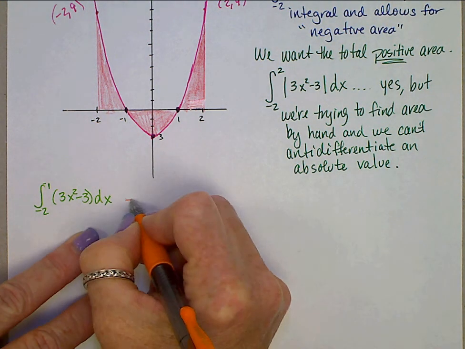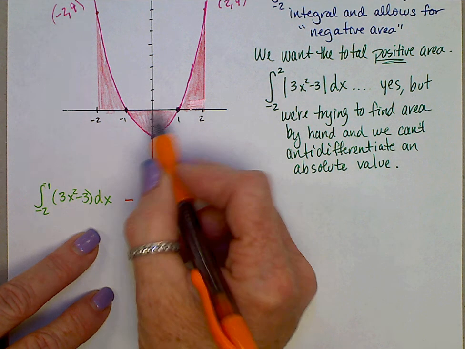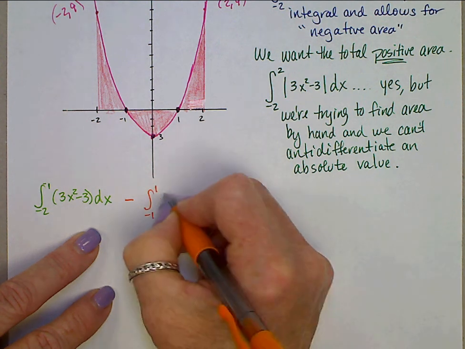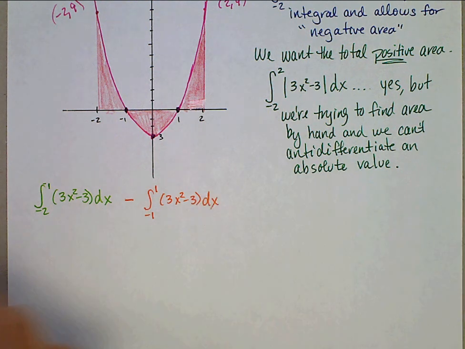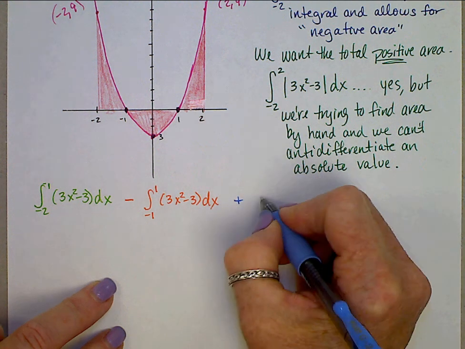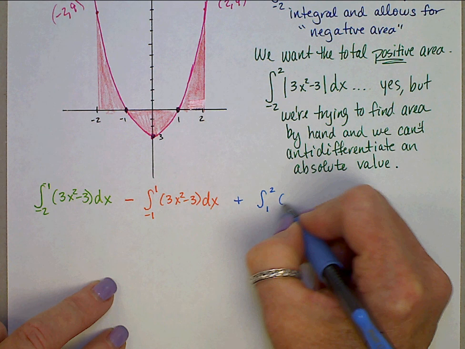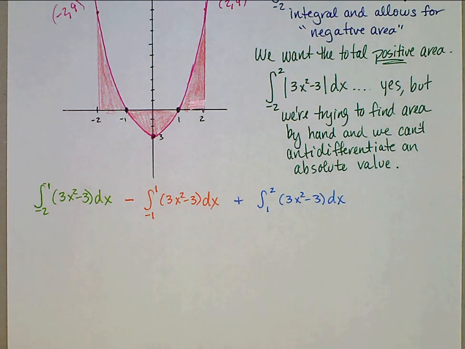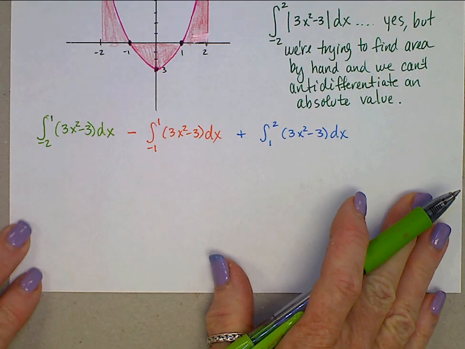Then we'll have to subtract off this bottom piece, because when we subtract a negative number, that will turn it positive. So -1 to 1 of 3x squared minus 3 dx. Then we'll have to add in this last piece, the integral from 1 to 2 of 3x squared minus 3 dx. Whew. All right, here we go.